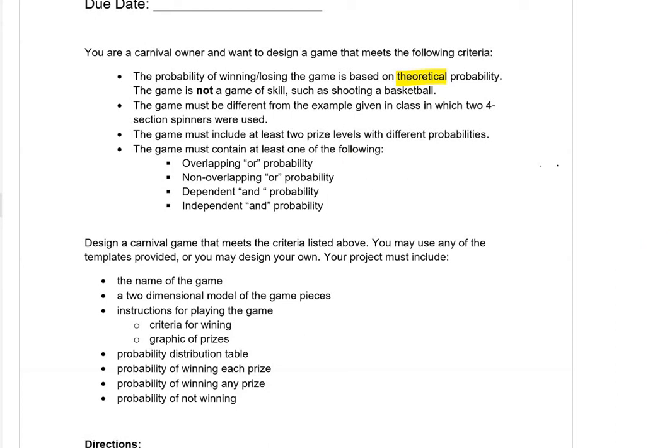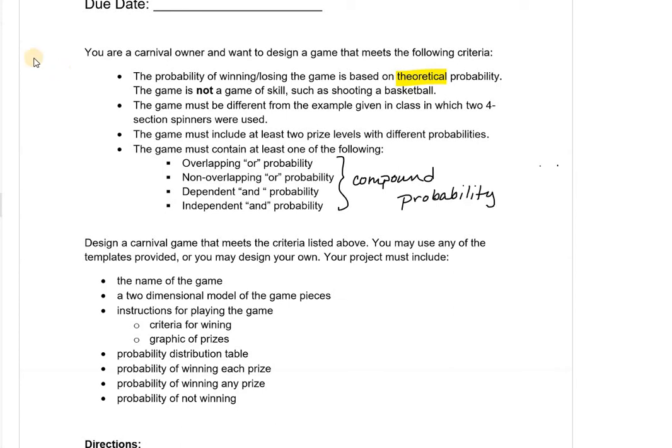The game must contain at least one of the following: overlapping or probability, non-overlapping or probability, dependent and probability, independent and probability. All of these are examples of compound probabilities. That means you have 2 different probabilities and you're going to either add them or multiply them.